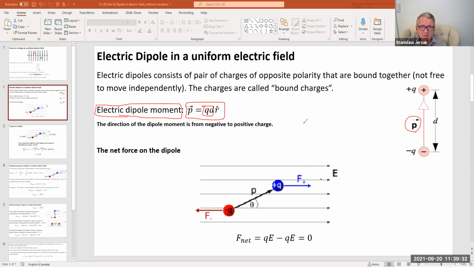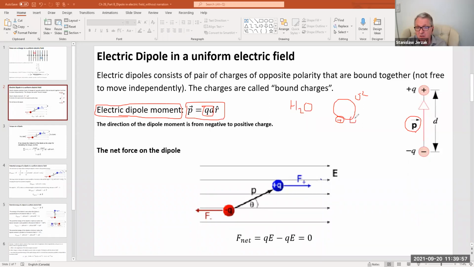Many, as you probably know, many molecules are dipolar. The most important is the water molecule, H2O. But there are hundreds or even thousands of molecules which are dipolar. Water is made of oxygen, which is doubly negative, O to the negative 2, and 2 protons, which are positive.